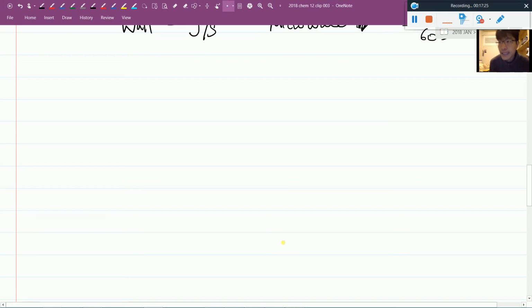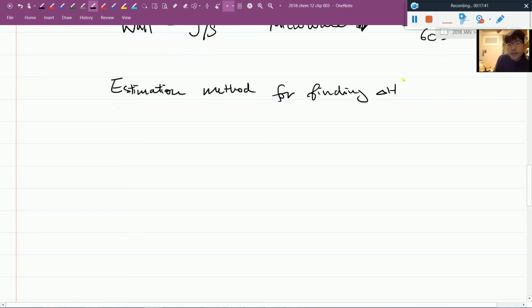So the next calculation that you do, I basically call the estimation method for finding delta H. This is not accurate at all because there's a lot of heat lost in the process.